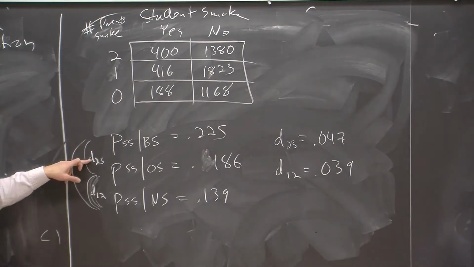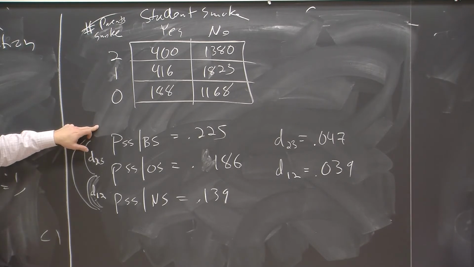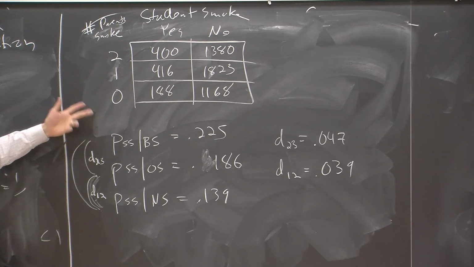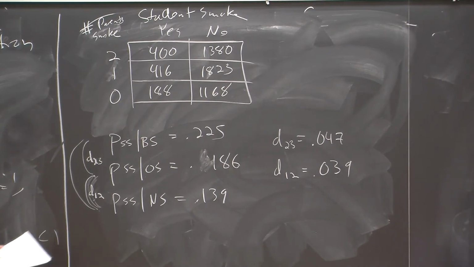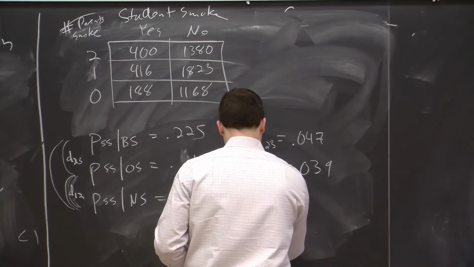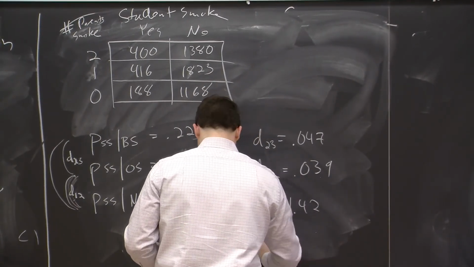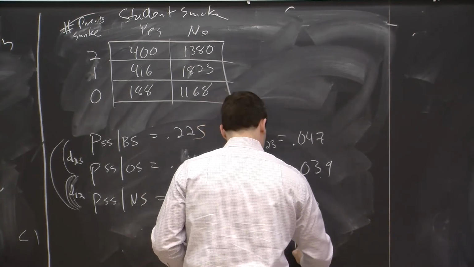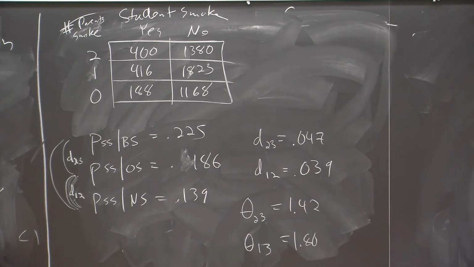Obviously, if I tell you this difference and this difference, you can compute that difference, right? So that's a very easy way to see why we lose a degree of freedom. Just add them together. The other ones sometimes are a little bit more subtle if we want to do it in terms of odds ratios. So like theta 2,3 is 1.42. Theta 1,3 is 1.80. And from that, you could get theta 1,2.